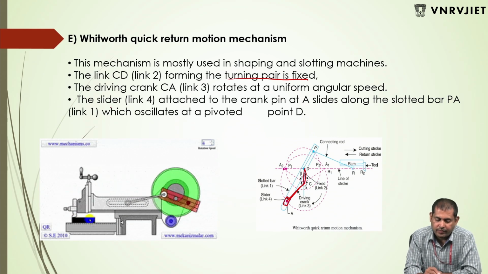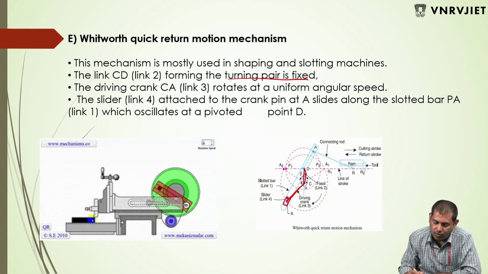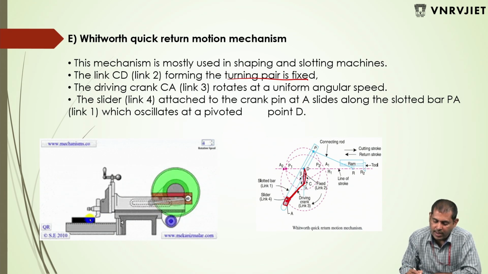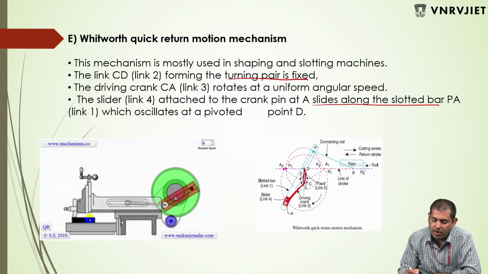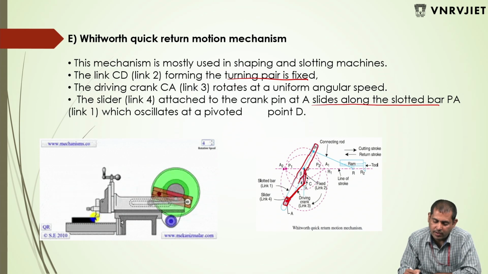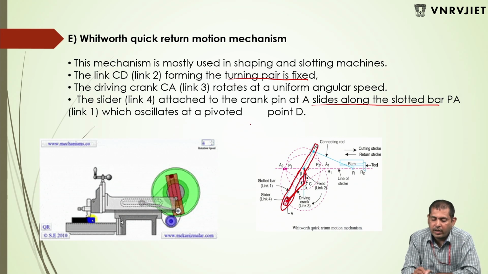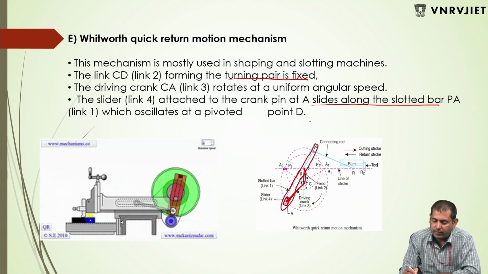Then the slider 4, which is fixed in the slotted bar and attached to the crank pin at A, slides along this slotted bar PA. Link 1 oscillates at the pivot point D.